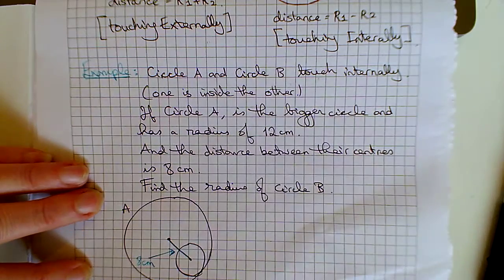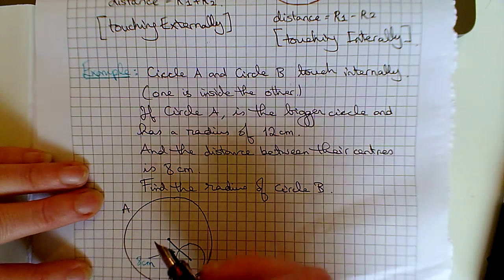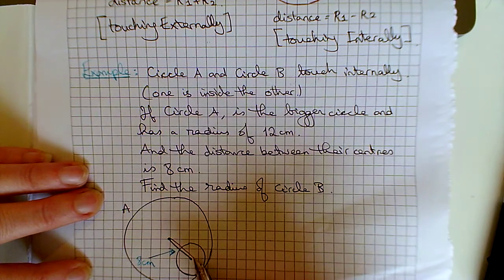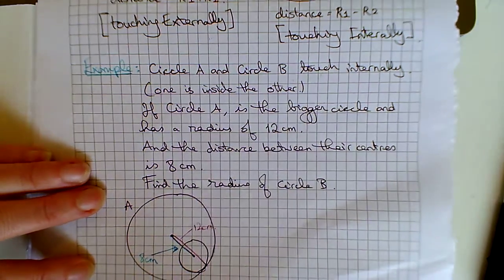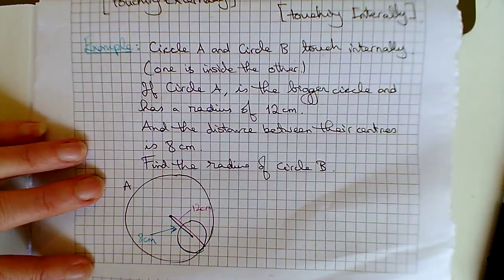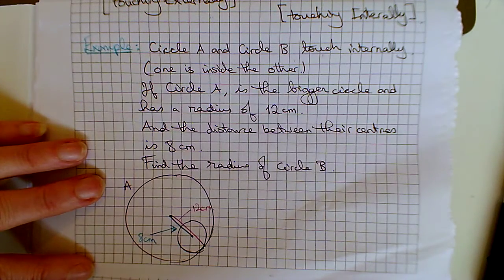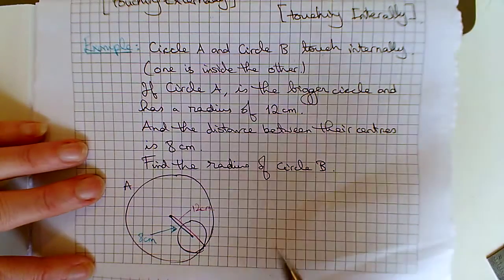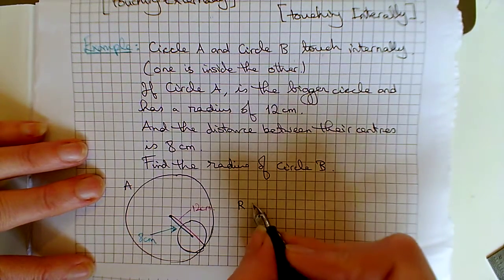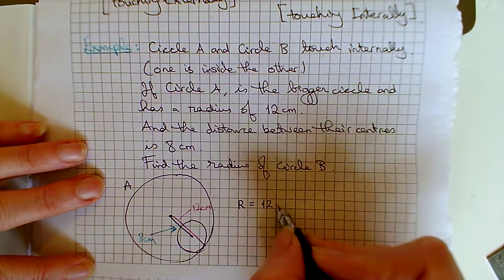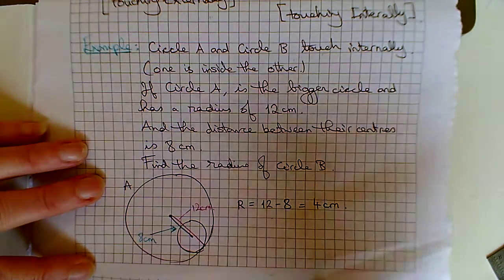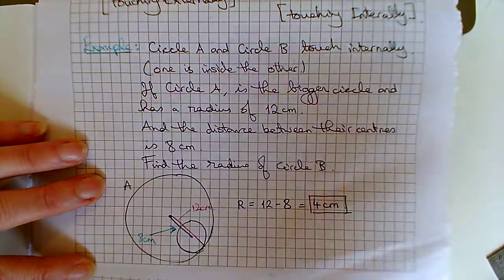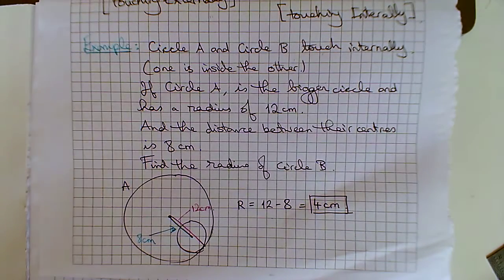But we also know that the radius of the big circle is 12 centimeters. So we just subtract one from the other, and that's going to tell us, the leftover bit here, the radius of the small circle. So the radius of circle B is going to be 12 minus 8, which is 4 centimeters. An awful lot of writing for a very quick calculation.